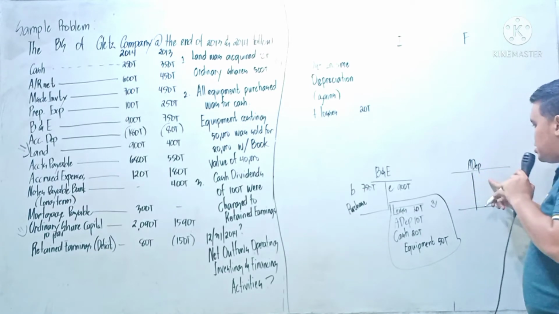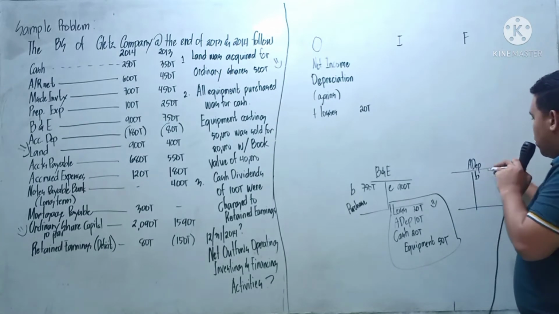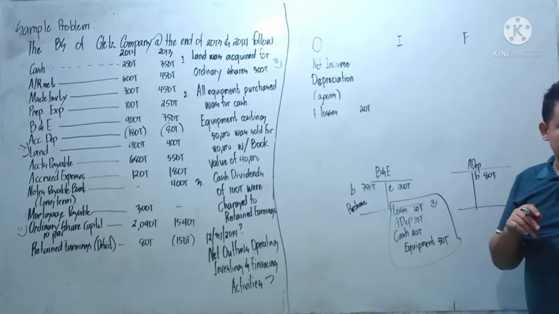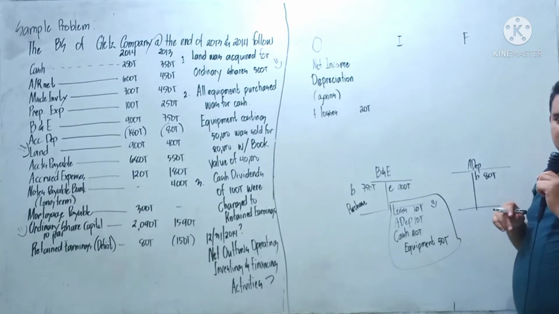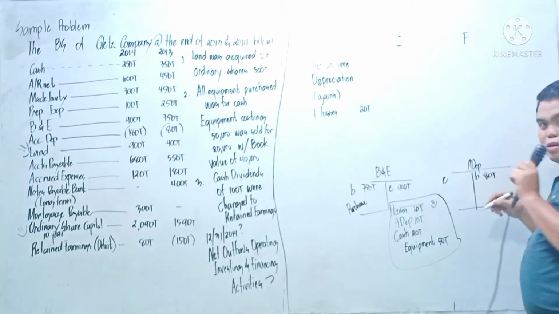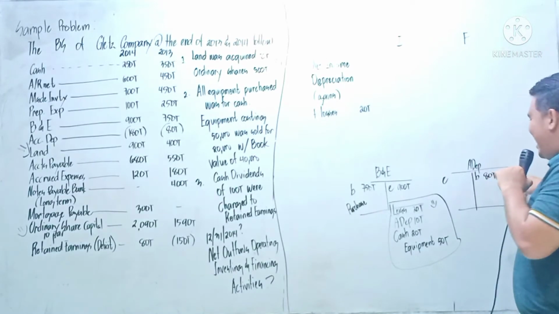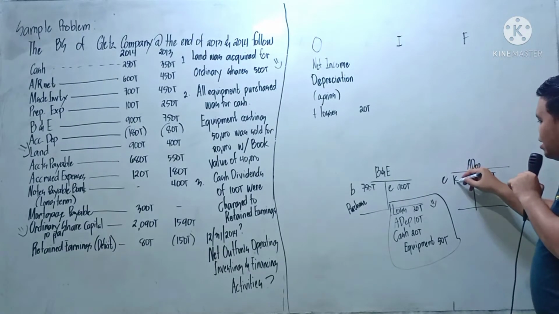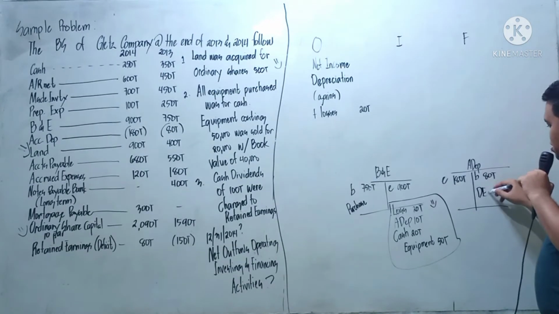And since accumulated depreciation is a contra asset, the beginning balance is naa sa credit. We have 80,000. Tapos 180 ang ending.